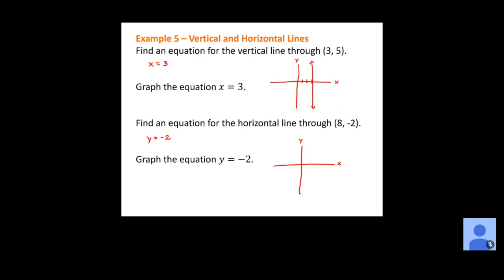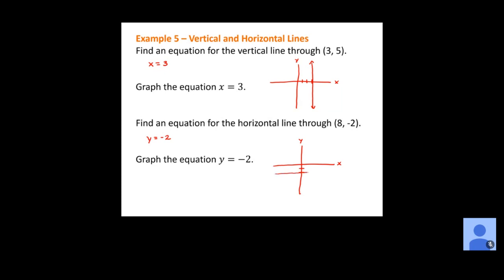so where are we going to start this time? Okay, y equals -2, right? So we're going to go down 2 on the y-axis. So 1, 2, there's our -2. What type of line are we going to have this time? Horizontal.